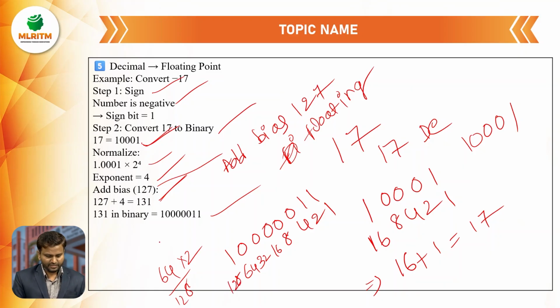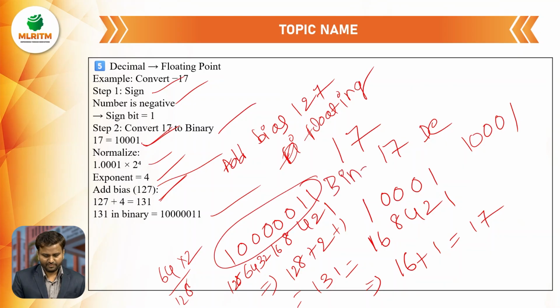The value is 131: we take 128 plus 2 plus 1, which gives 131. So the decimal equivalent of this binary number becomes 131.